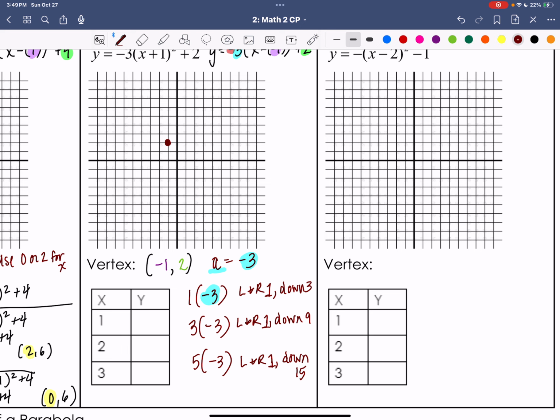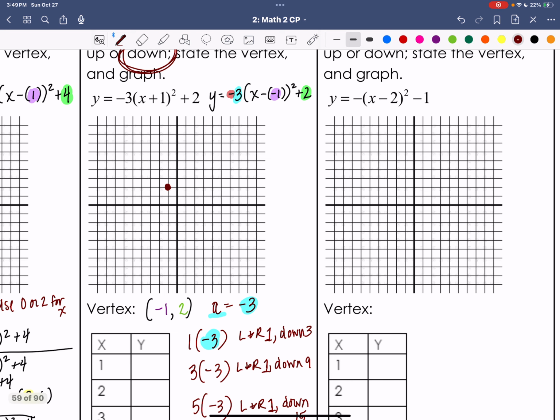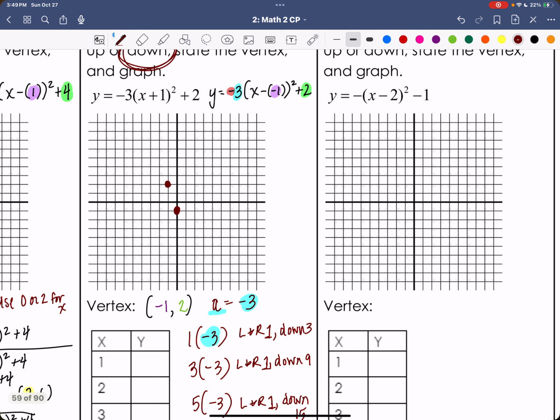So starting from your vertex, I'm going to go to the right 1, and then go 1, 2, 3, and that's going to be my point. Okay, and then I'm going to do the same thing on the other side, where I'm going to go over 1 and then go 1, 2, 3, and then that's going to be my other point here.